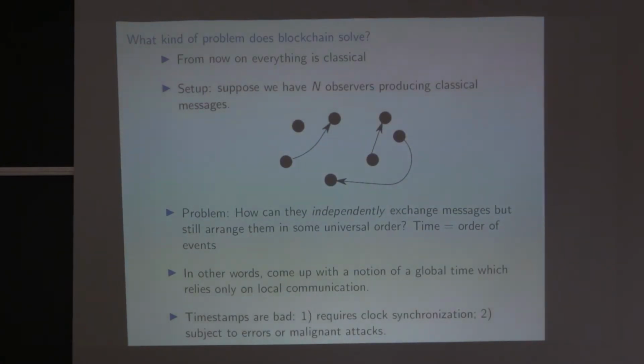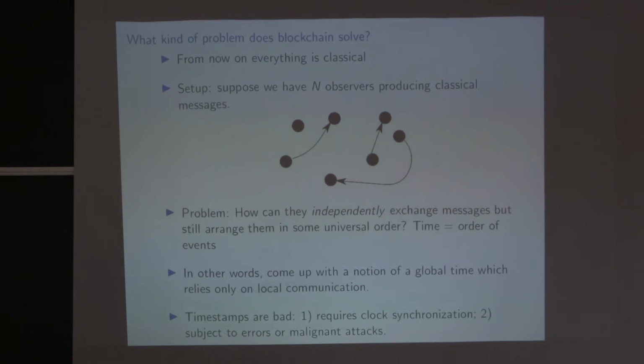So I will only assume that if I send a message from here to there, it will take no more than delta time units to actually get this message across. But I think the short answer to your question is no. It's a purely classical thing with no relativistic effects.